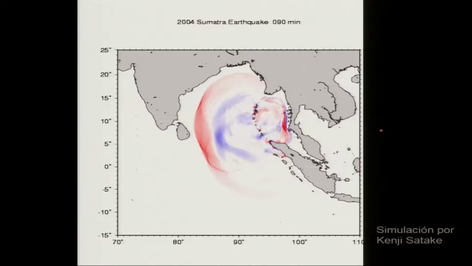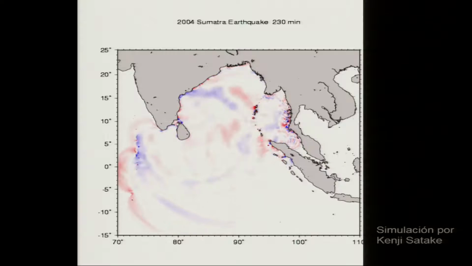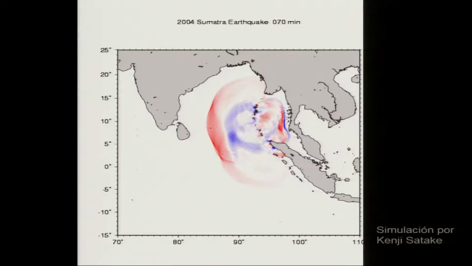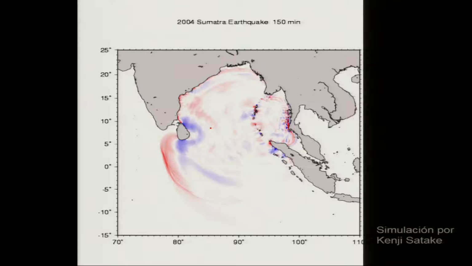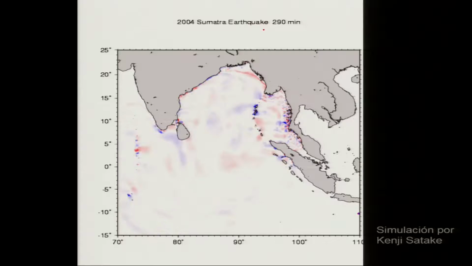So, this is what happened in 2004. The whole area got ruptured here, and then the tsunami triggered and reached the coast. Please pay attention to the top of this one. So, how much time did it take to reach the Indian mainland coast?